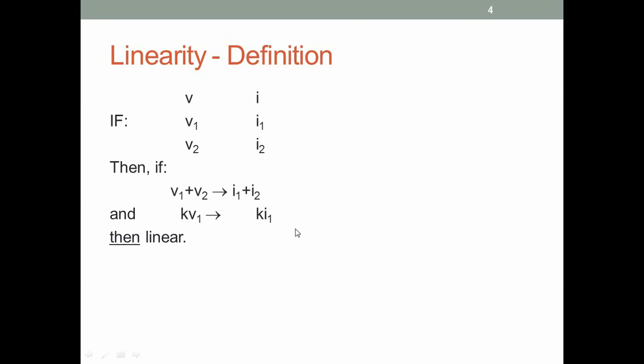So if these two conditions are satisfied given this initial data, then we say the element is linear. If these are not satisfied, we say it is not linear.